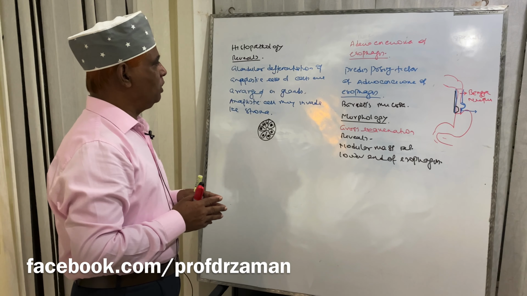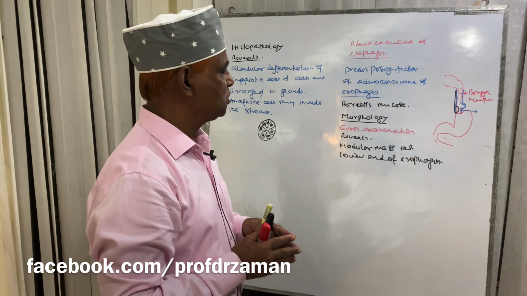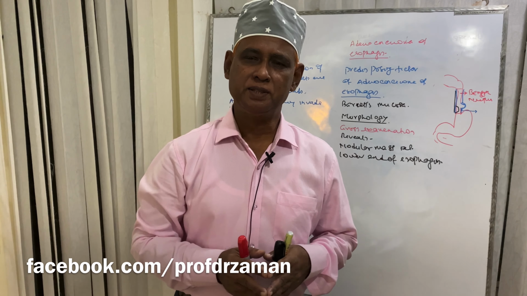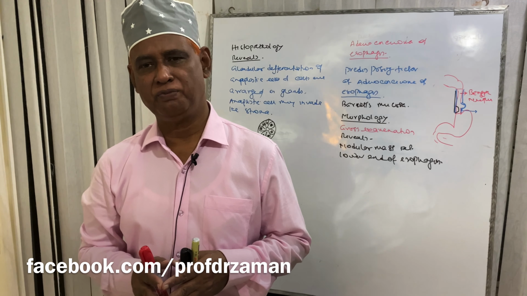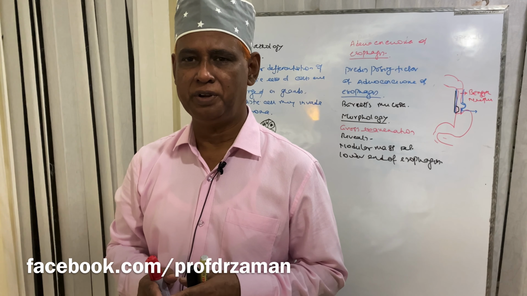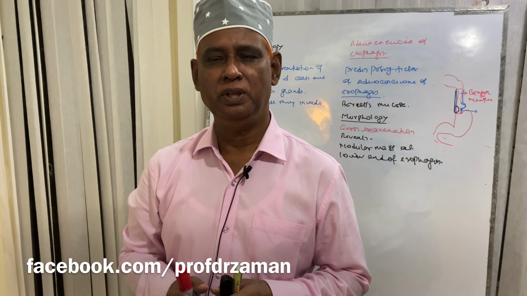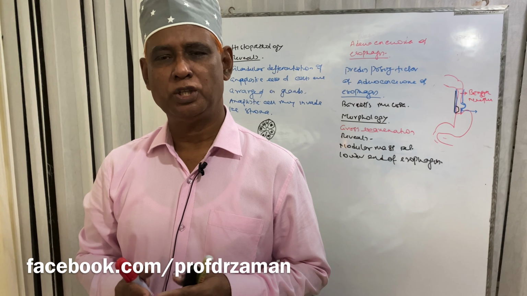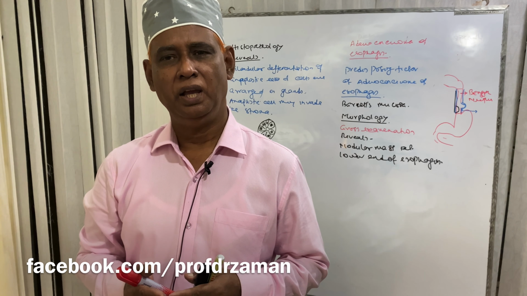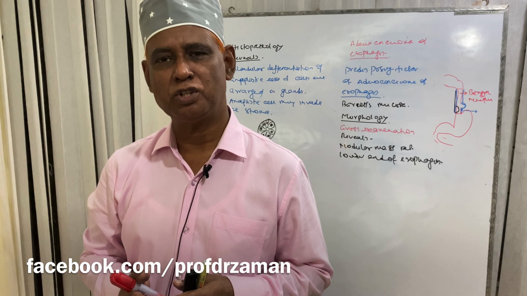The morphology of squamous cell carcinoma: a polypoid mass grossly, it may be ulcerative or fungating, or it may be infiltrative. And histopathology reveals sheets or groups of anaplastic cells that show squamous differentiation and invade the stroma.